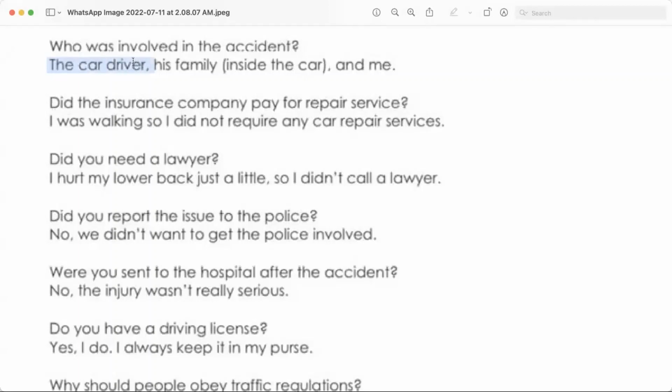So the car driver, his family inside the car, and me. Can you read that sentence again? The car driver, his family inside the car, and me. Good. Well done.